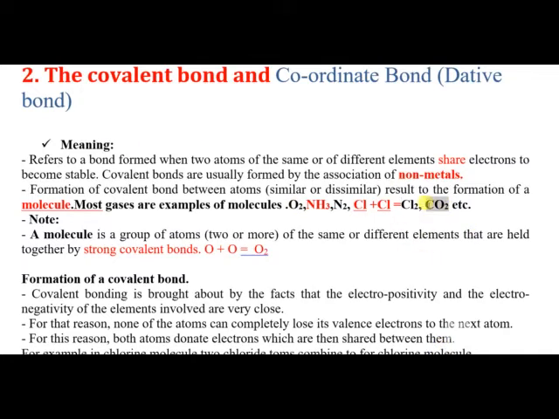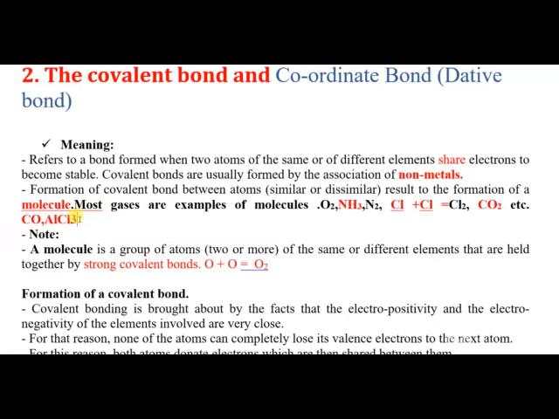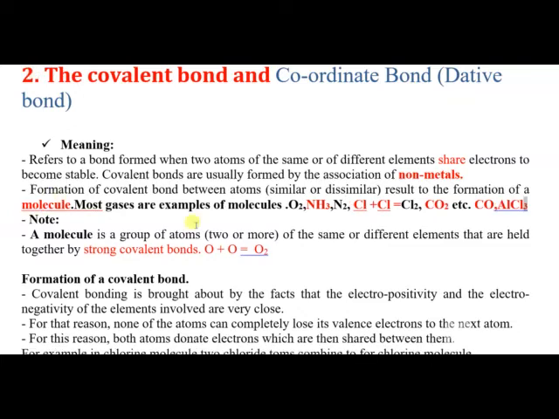Now, I've given you that carbon(IV) oxide has covalent bonding, which is very correct. But what about carbon(II) oxide? Carbon(II) oxide will undergo dative bonding. So with the exception of carbon(II) oxide and aluminium chloride, these two undergo dative bonding.